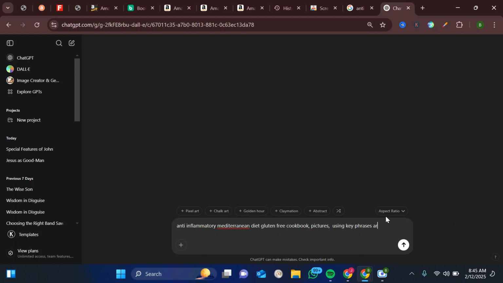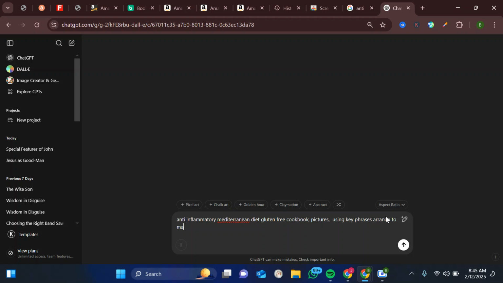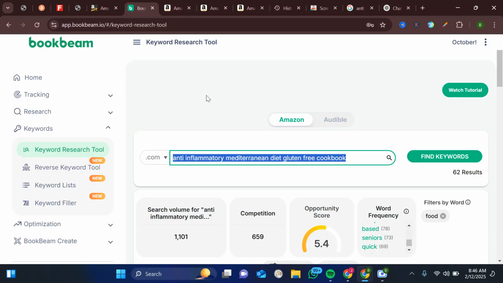arrange them to make a single topic. So ChatGPT will combine all of the keyword and the key phrases and make a single topic, which you copy again, come back here, paste it, and search for it again.